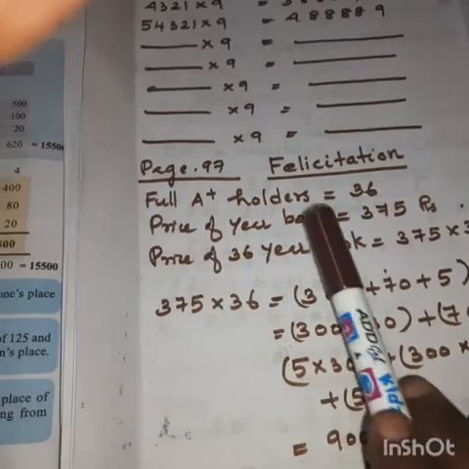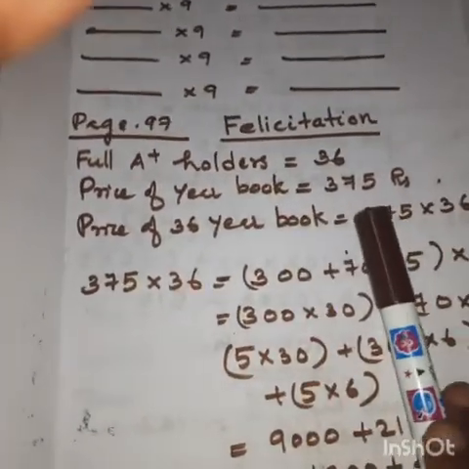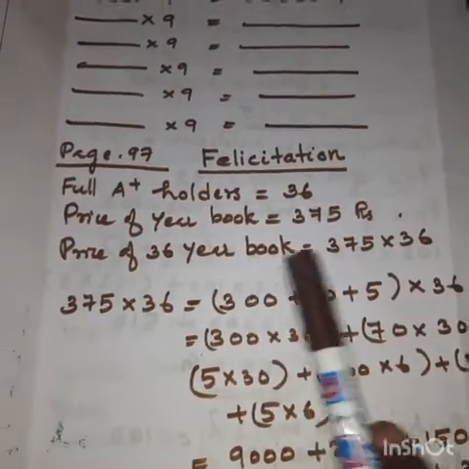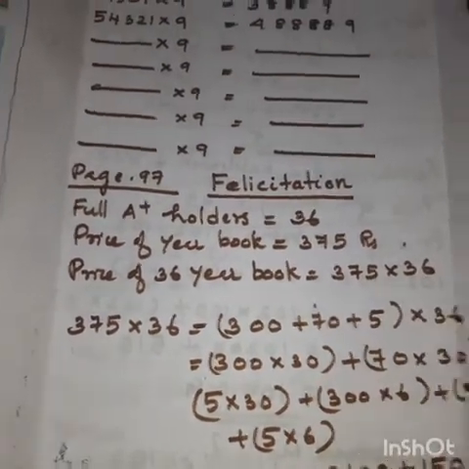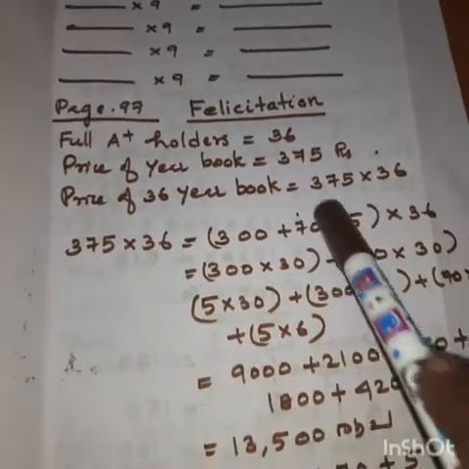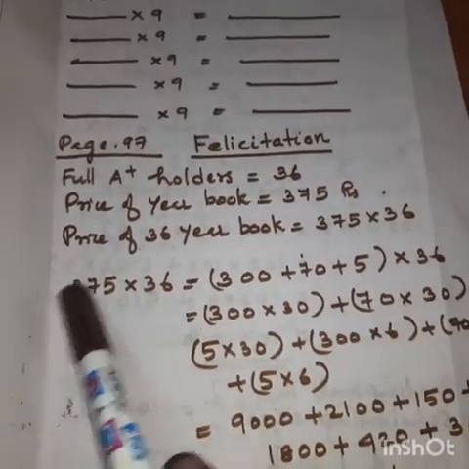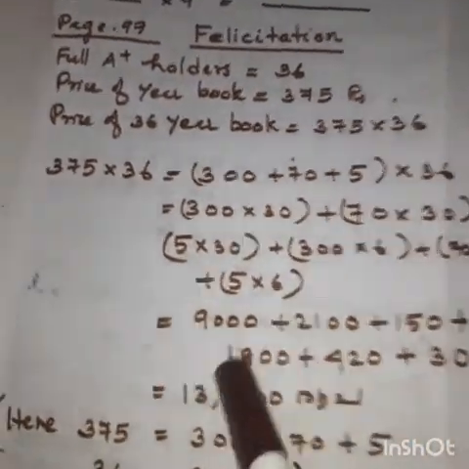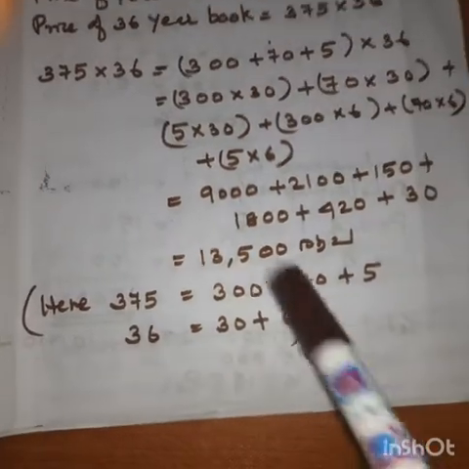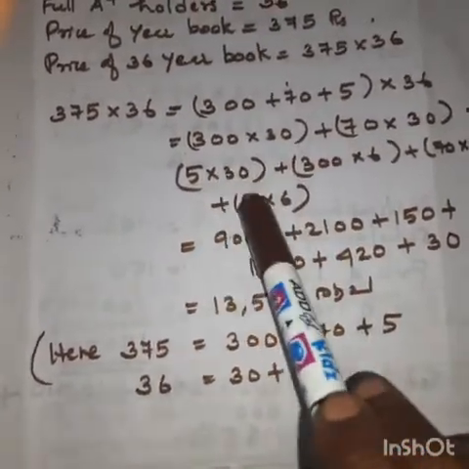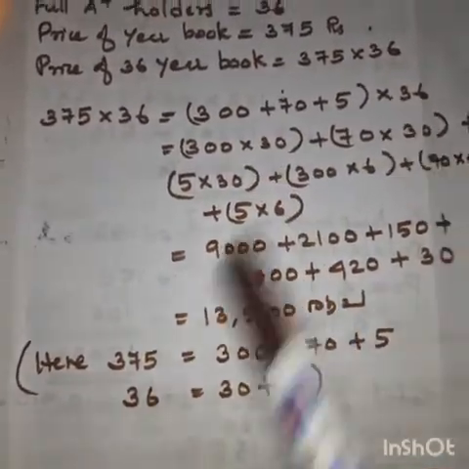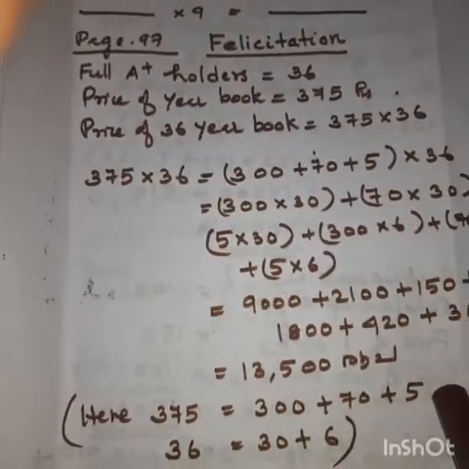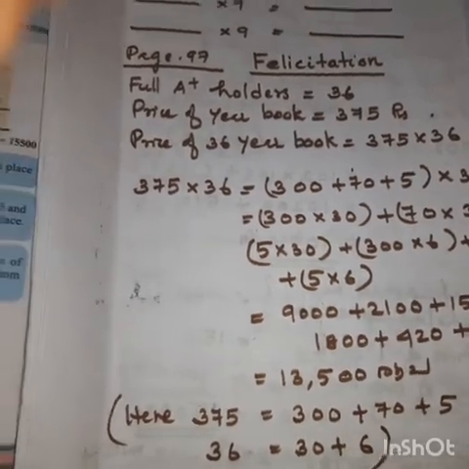They got a yearbook of price 375 rupees. Therefore, price of 36 yearbooks equal to 375 into 36. Split 375 as 300 plus 70 plus 5, and 36 as 30 plus 6, and we get 13,500 rupees.